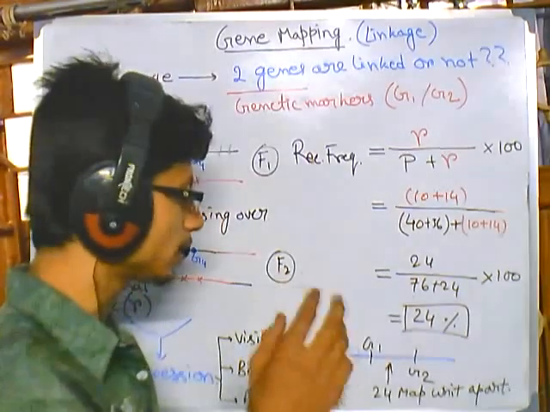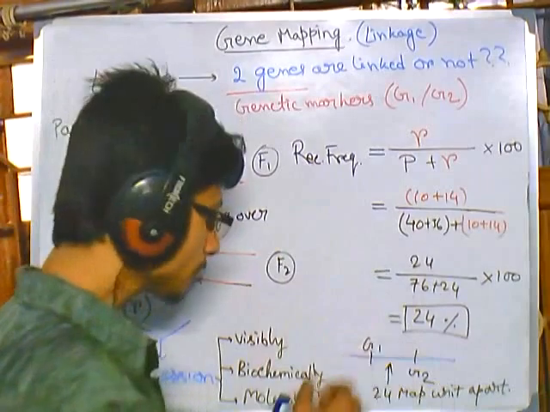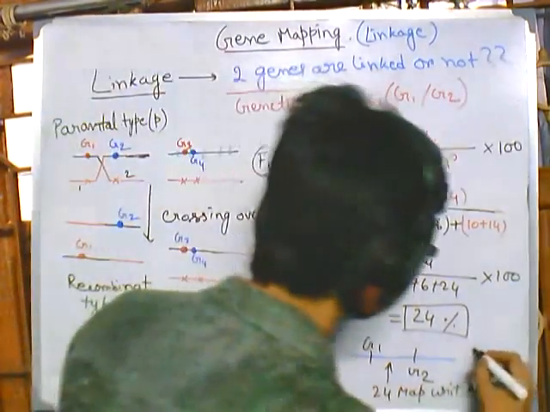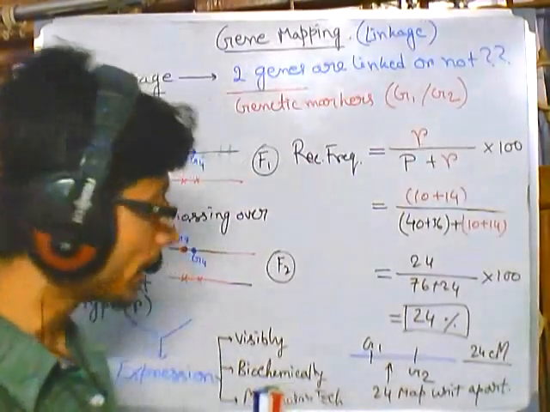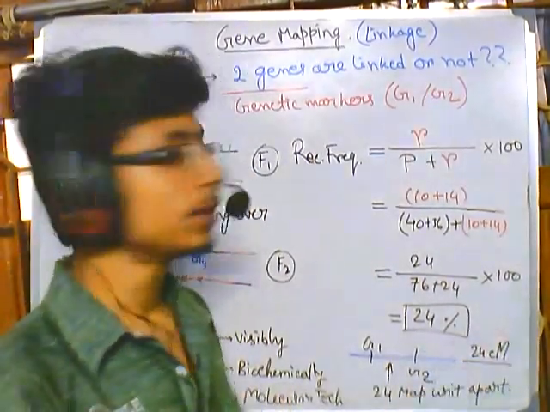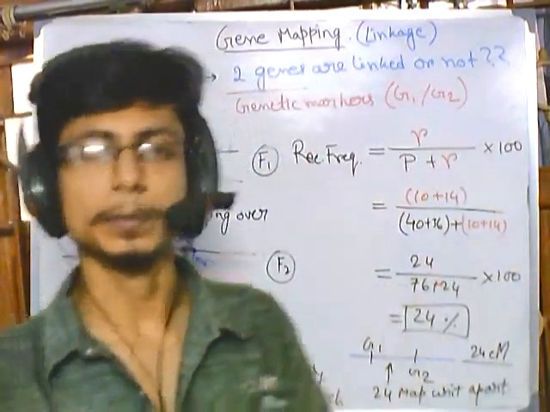He also developed this kind of linkage mapping system. So to give him privilege, we call it 24 centimorgan, with the M in capital. Now it is stating that these two genes are 24 centimorgan separated.